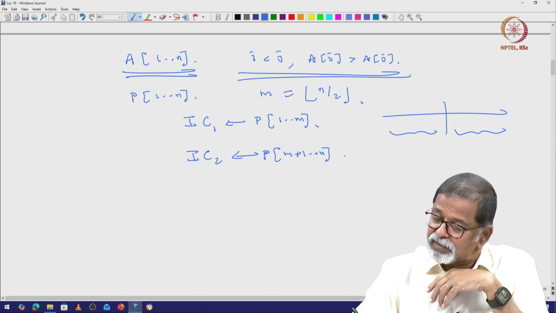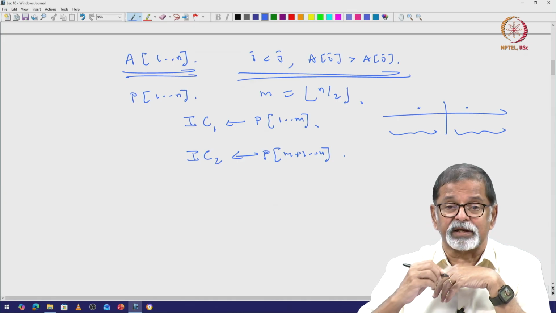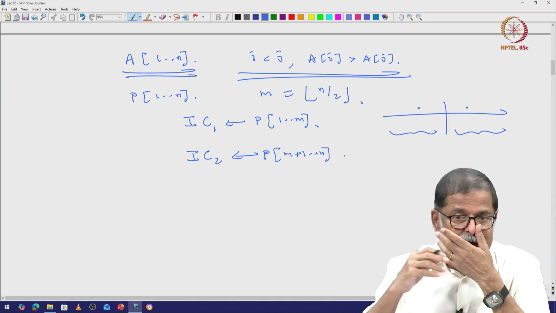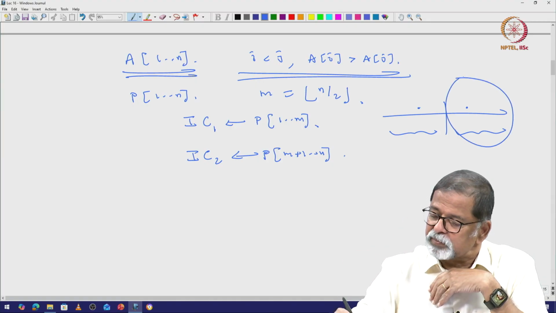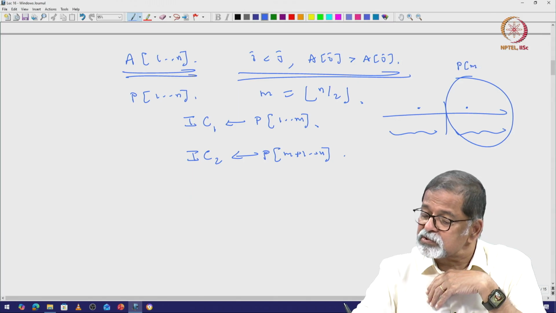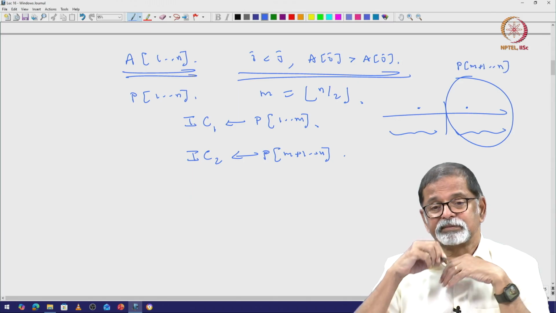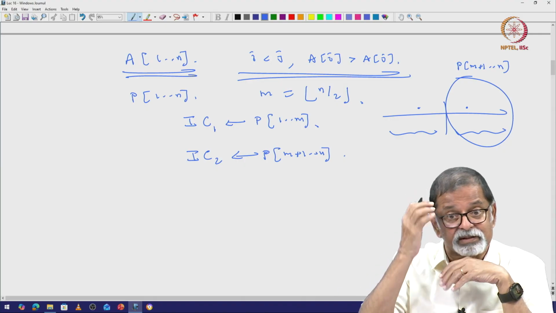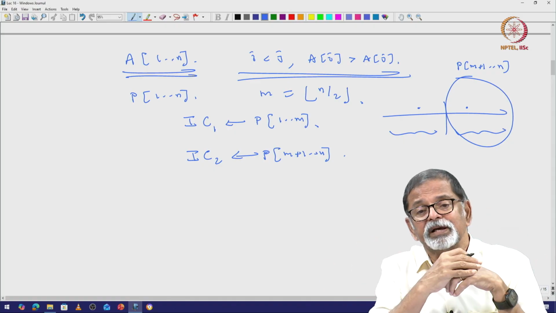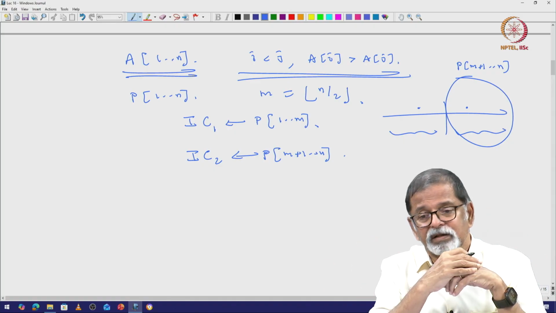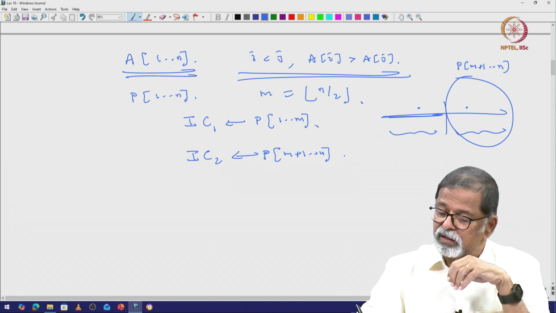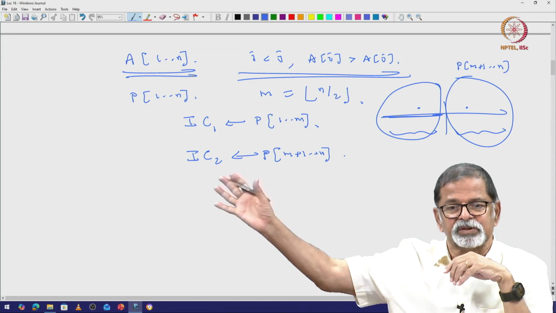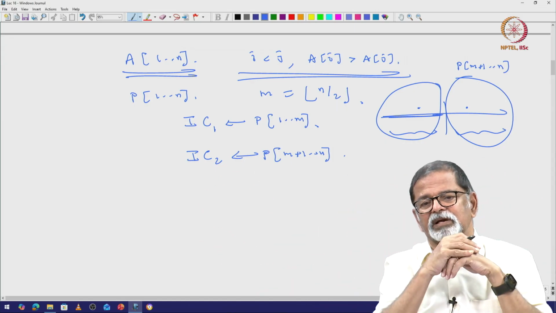See, there may be a number here larger than the number here, but those things were not considered, because when you are solving the divide and conquer, only this part P[m+1..n] is considered. There are a lot of values to the left of this, they may be larger, but you have never compared them. Similarly, for this one, all numbers here are considered. It has nothing to do with the other part. You are independently solving this.